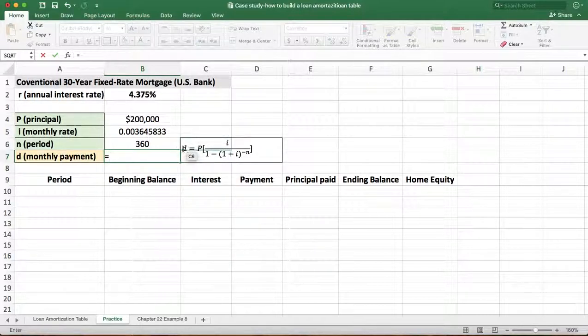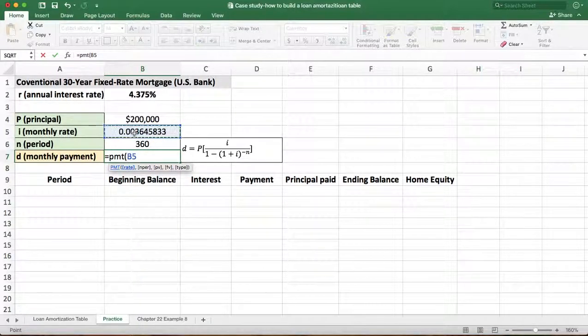We can get the monthly payment, but now I use the formula in Excel to calculate it. PMT, left parenthesis, there is a hint for you. The first argument you need to type in is the rate.